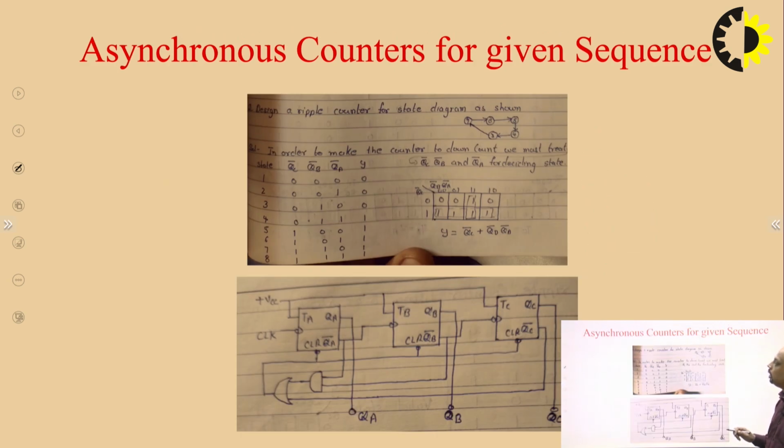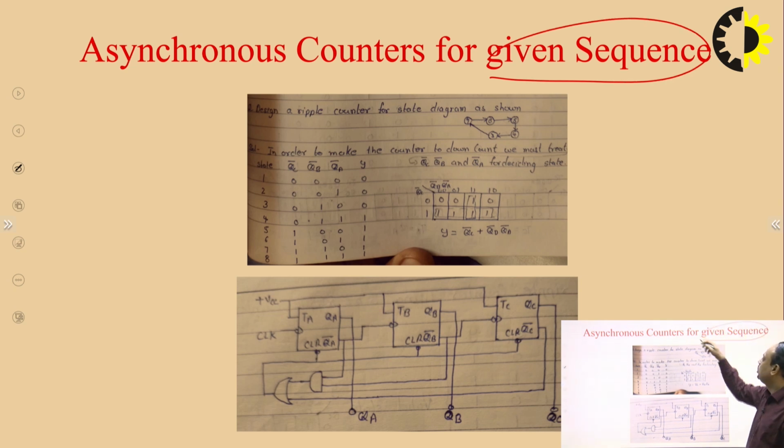Next is the asynchronous counter for a given sequence. In some applications the counter is required in such a way that it does not count from 0 to 5, but counts 7, 6, 5, 4, 3 and then resets to 7.